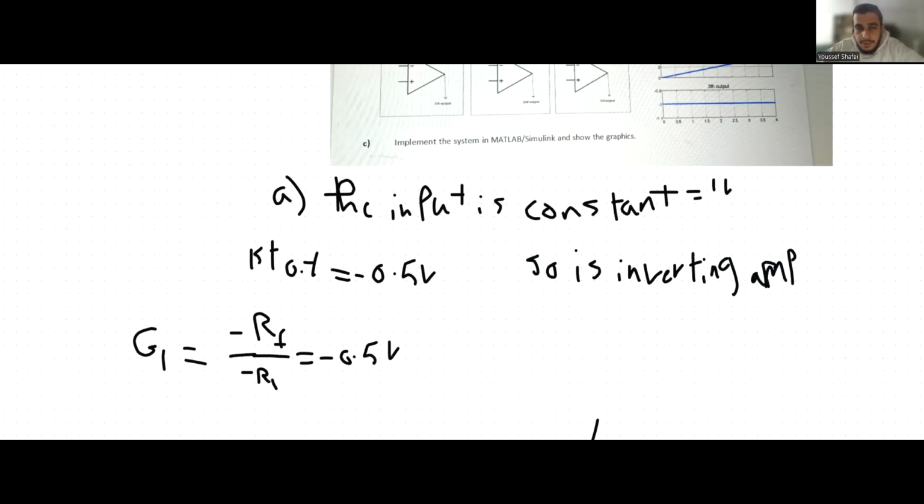RF1 will equal 5 kilo ohm and R1 equal to 10 kilo ohm.